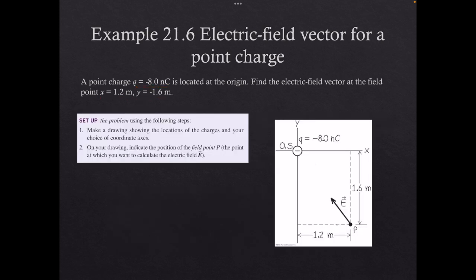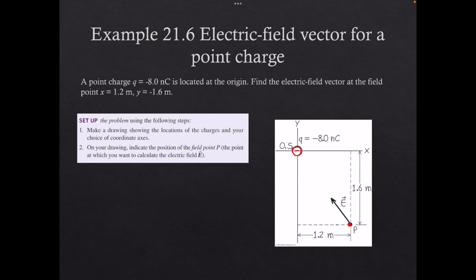Well, before we do that, let's draw the picture. If we're going to follow the problem-solving strategies, we have to draw our picture first. So negative charge Q is at the origin. The place we want to know the field is down here in the fourth quadrant. And right off the bat, we can draw the direction of the electric field vector using the rules, the rules being electric field vectors point toward negative charges.